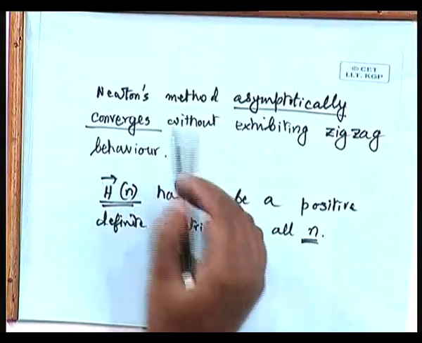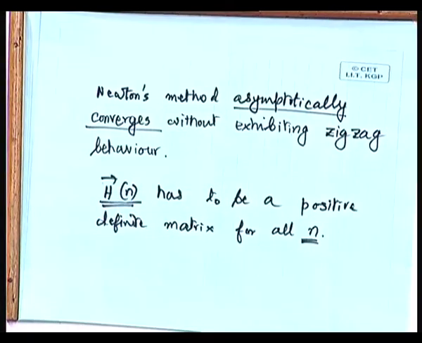So, there cannot be any guarantee that H n will be positive definite for every iteration. But generally, in most of the cases, asymptotic convergence is obtained.